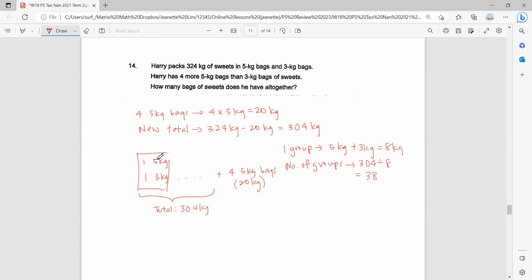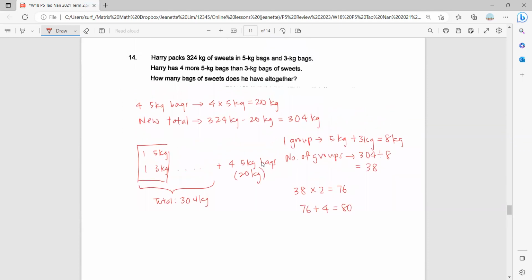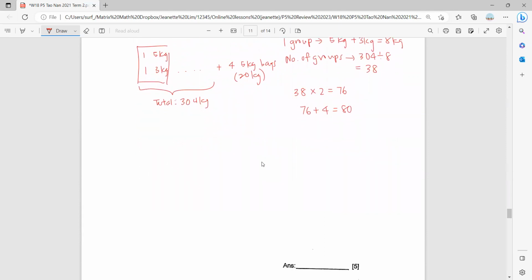If every group has 2 bags, then I'll take 38 times 2 for the total number of bags in 38 groups. Then remember we have this extra 4 bags. You need to add them back to get the answer, the number of bags of sweets in total. All right, so answer is 80. 80 bags of sweets, not 80 kg.